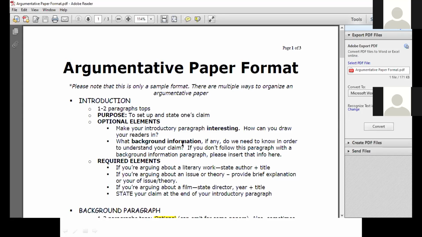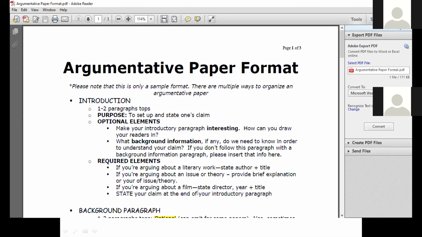So what is the required element when you write the introduction? If you are arguing about any literary work, then you must specify the author and its title. That means the references part. And if you are arguing about any issue or theory, provide a brief explanation of your issue or theory.